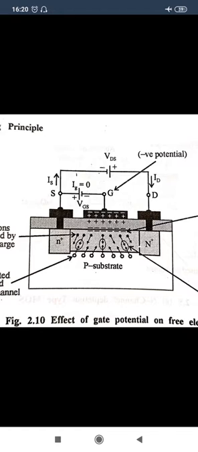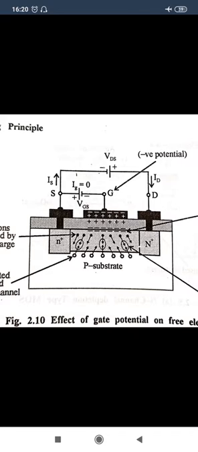The drain and source are heavily doped N regions, and between them exists an N channel, where the majority carriers are electrons, over a P type substrate. The substrate is opposite to the channel: our channel is N channel, so our substrate is P type, or if our channel is P type, then the substrate is N type.